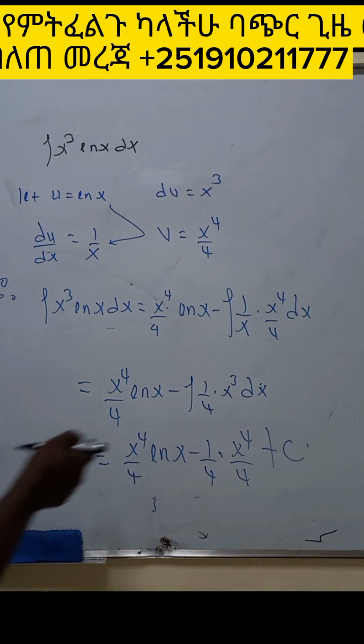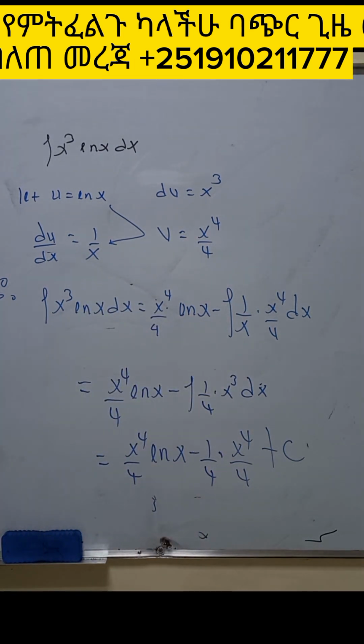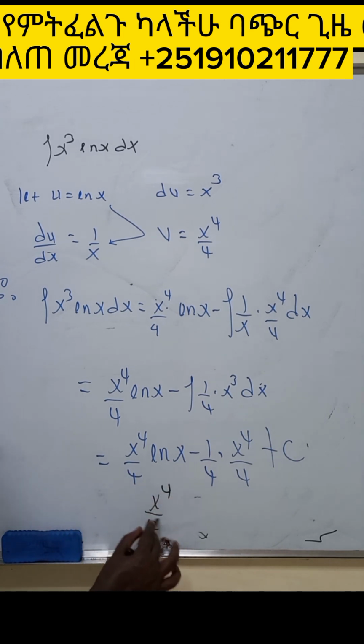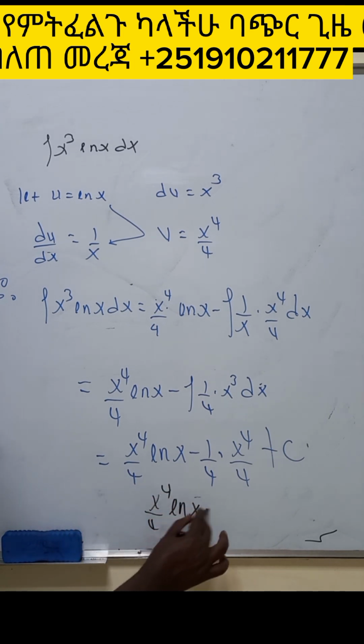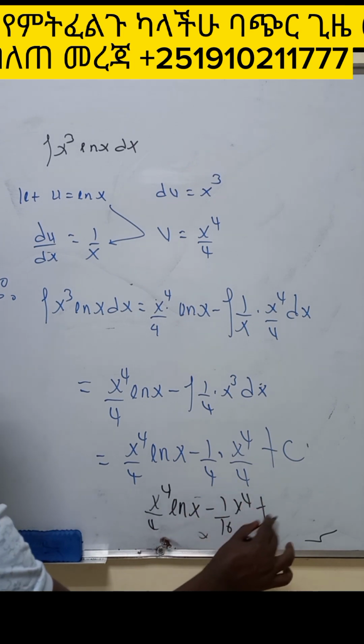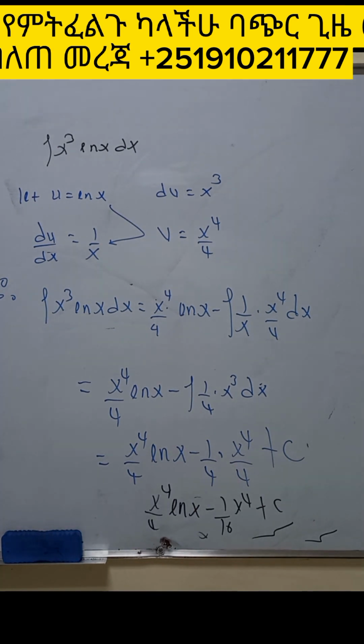You know the reason why: when we integrate, we add 1 to the exponent and divide by the new exponent. So this is exactly x raised to 4 over 4 ln of x minus 1 over 16 x raised to 4 plus c, which is the integral of this one.